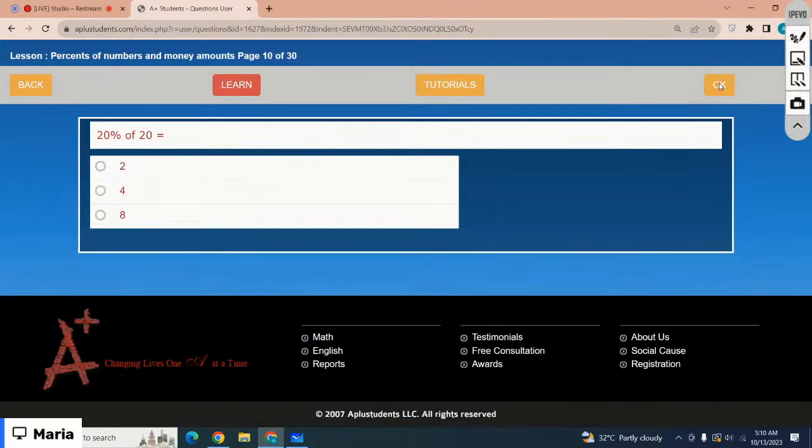20% of 20 is, 2. No, 20% of 20 is 4. Just do the calculation: 20 over 100 times 20, that will be 400, and 400 over 100 is 4. The correct option is 4.